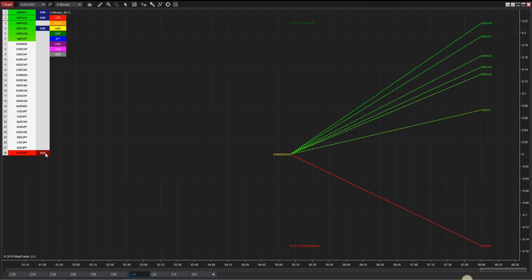And it's also giving you a heads up on this second column here as to whether the pairs themselves, as opposed to the currencies, are overbought or oversold. When you look at it on the currency strength indicator, what you're looking at is whether a currency is overbought or oversold. And what we're looking at here is the potential opportunity for a currency pair to move to an overbought or an oversold situation. When they're color-coded like this with the brackets, that means that they're not quite at that situation.